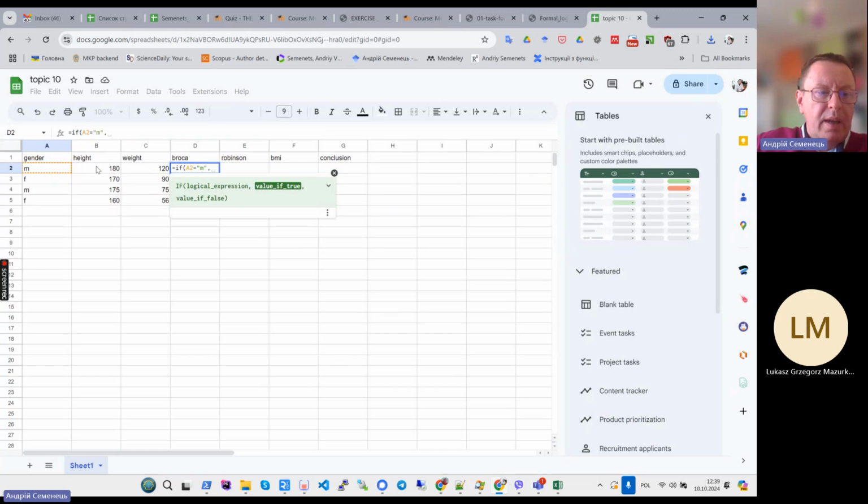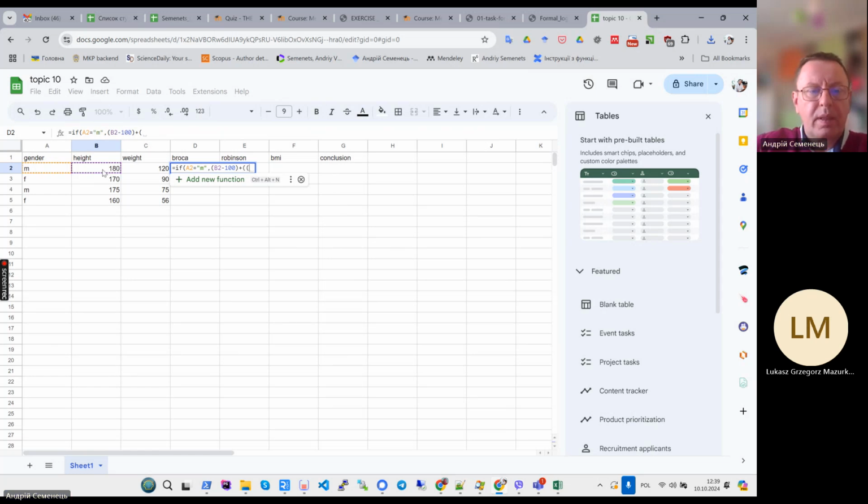So it has to be, let's use brackets, height minus 100, close brackets, plus again 15% of it: height minus 100, multiply 0.15, yes.